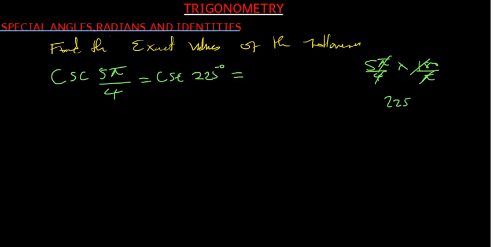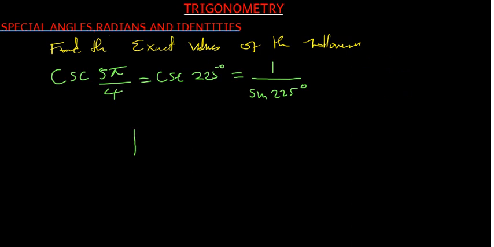But when we're talking about cosec, what is the reciprocal of cosec? It is sin. So cosec 225 is the same as 1 over sin 225 degrees. So now we need to go on our quadrant. We see the special angle associated with sin 225. So this is 90, this is 180, we have got 270, 360 is here.